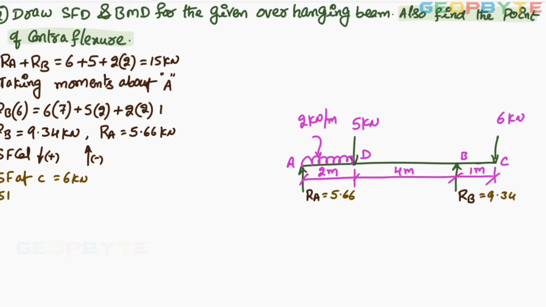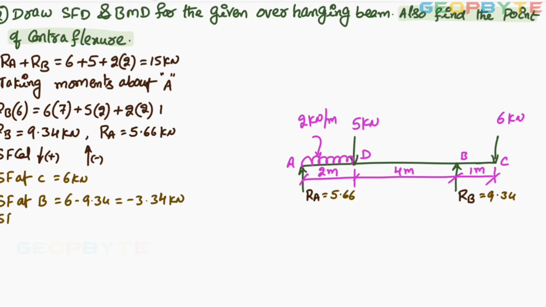Now SF at B. SF at B equal to, already 6 is there, at B it is minus 9.34, equal to minus 3.34 kilonewton.